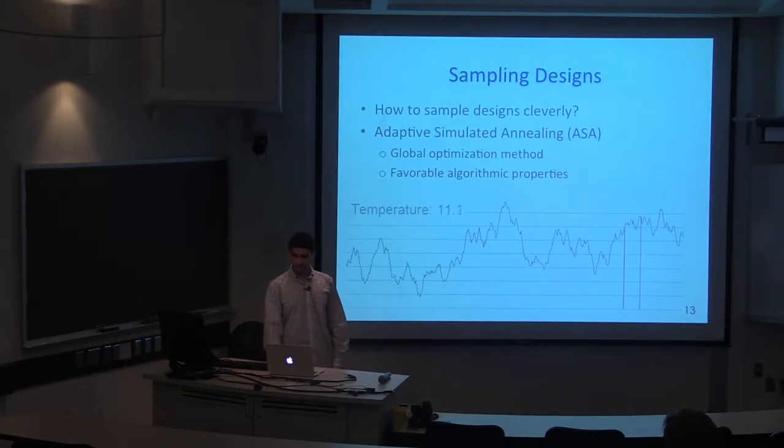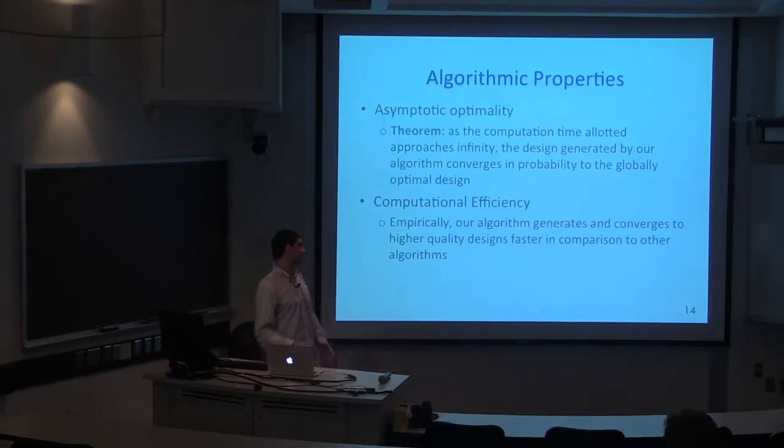And it also has some other favorable algorithmic properties that allow us to conclude some other advantageous properties of our algorithm. So speaking of which, we conducted some mathematical analysis and proved that our algorithm is asymptotically optimal in the sense that as the number of iterations or the computation time given to our design optimization algorithm approaches infinity, the design generated by our algorithm converges in probability to the globally optimal design.